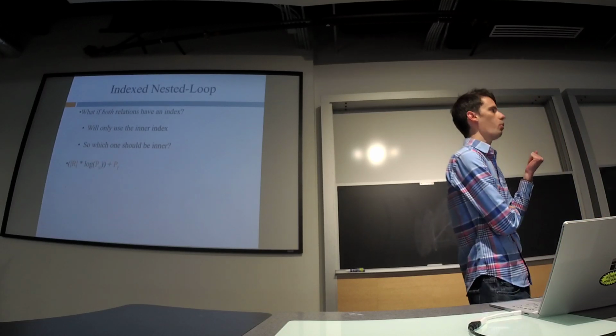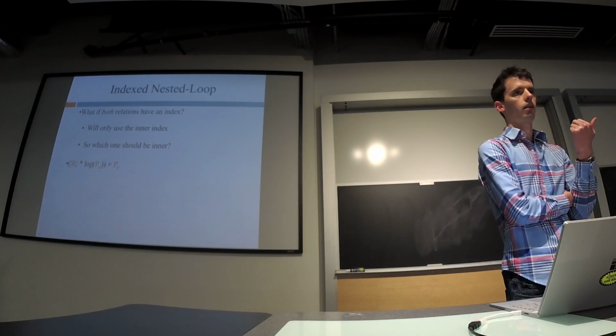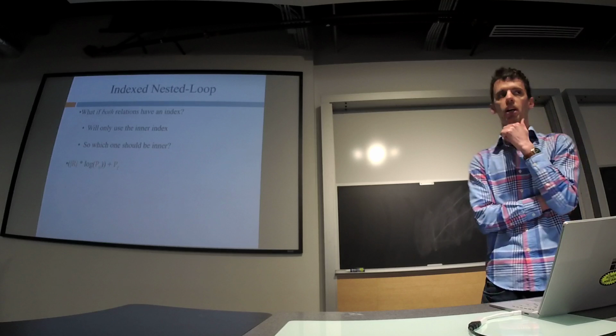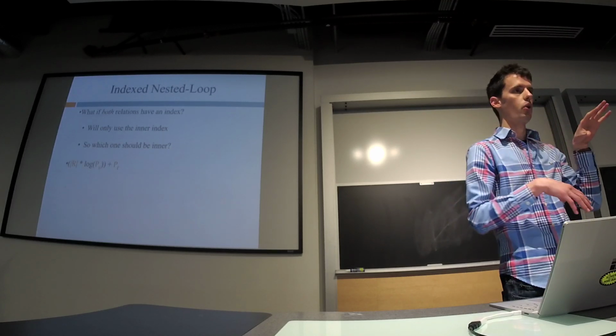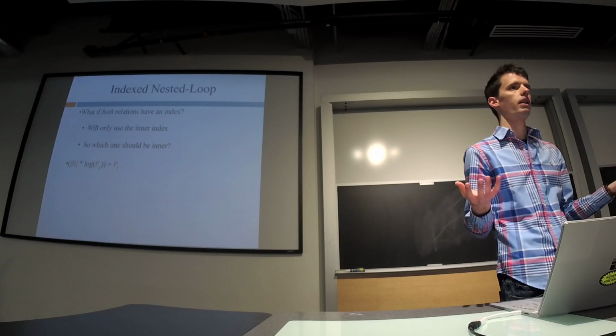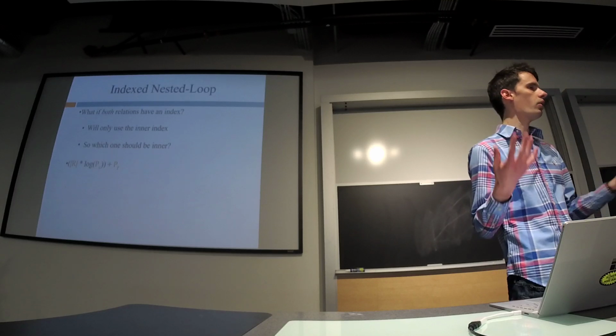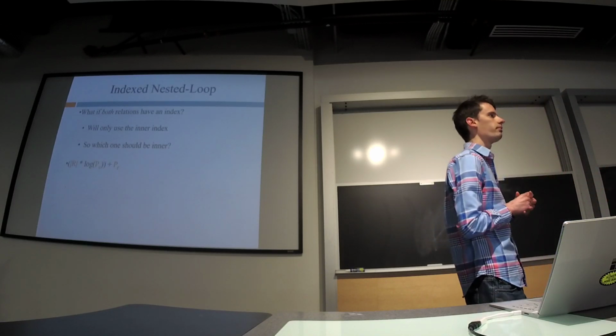So then, does it matter which one we pick to be R and which one we pick to be S? Here's the equation for the cost. This is always showing R and S, but pretend we have two options, events and games. Does events become R or does games become R? Does it matter?